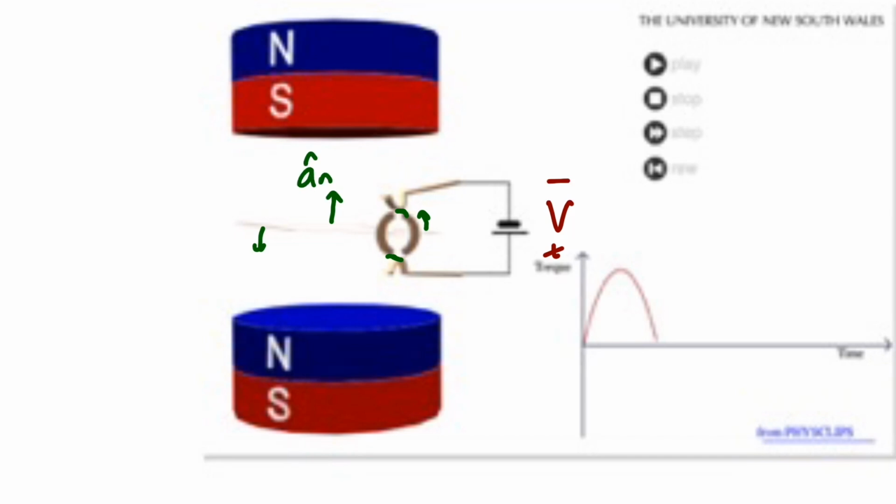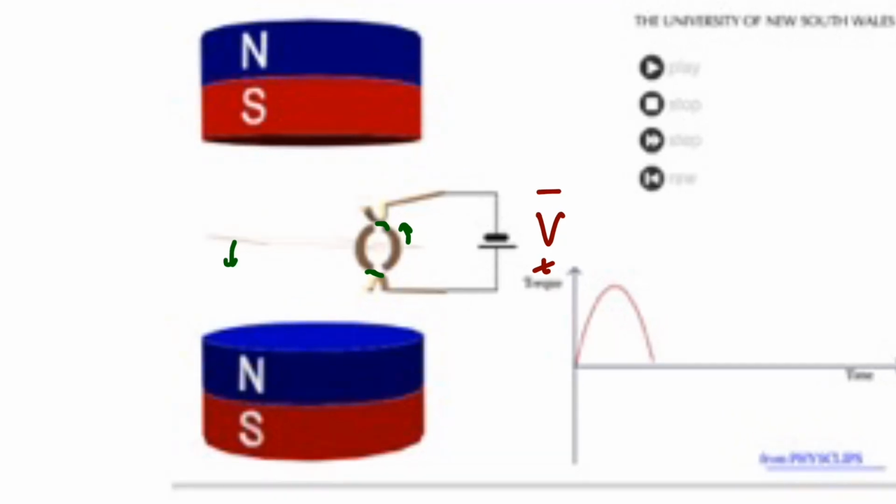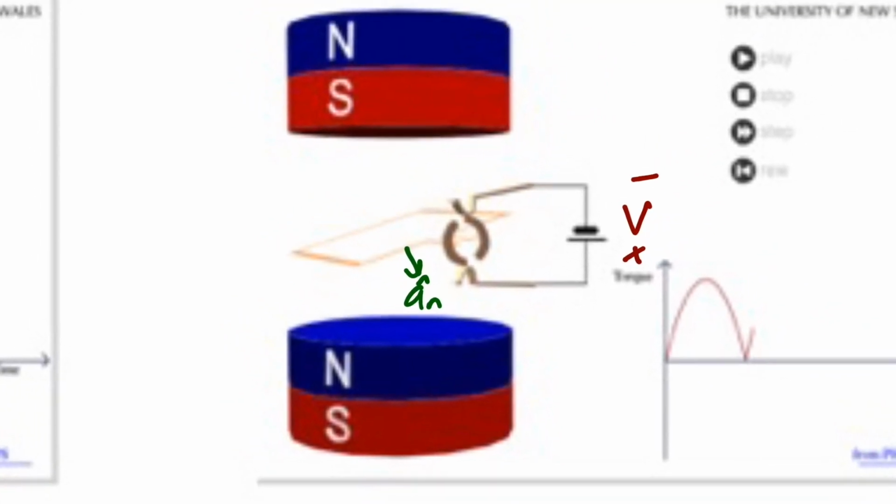Then when the connection was broken, so no current was flowing, there was no longer a magnetic dipole moment. When the connection was reestablished, the current is now flowing in the opposite direction, so the direction of the magnetic dipole moment has flipped from pointing up to now pointing down. And so now again there's a torque on the loop and it continues to rotate. The next two videos are going to be demonstrations of simple motors.